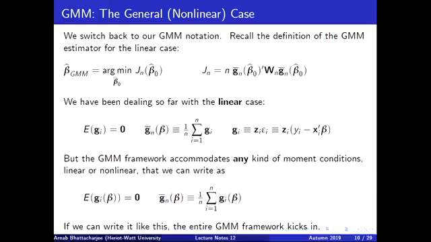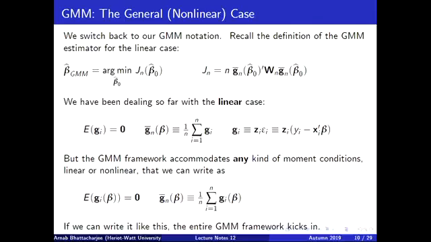So far, our moment conditions were linear. So we had expected value of g_i equal to 0. Corresponding to that, we had written this g_n bar of beta, and our g_i was z_i epsilon_i.